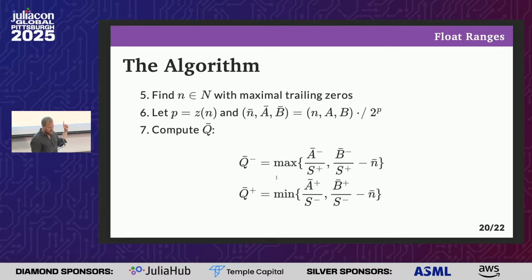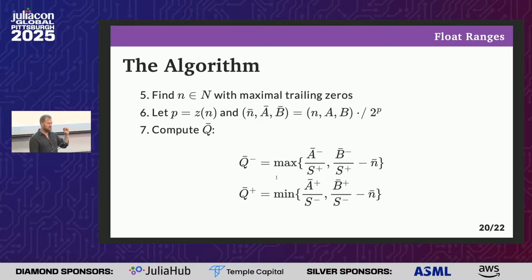Okay, so now we let p equal the number of trailing zeros of n. Then we take n and a and b, and we divide them by 2 to the p. So basically we lop off all the trailing zeros on all of those things. We shrink them down, and now we compute this q bar interval. Essentially we're looking for the interval where our a over s ratio could be.